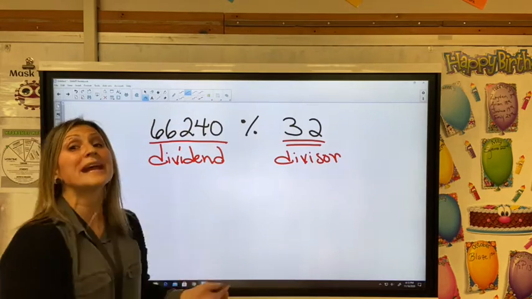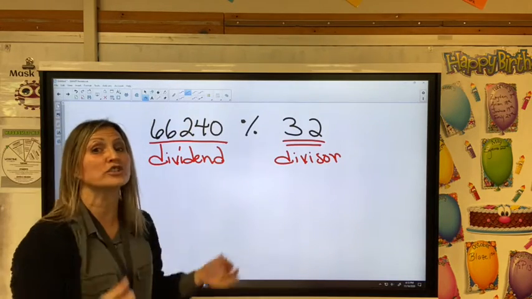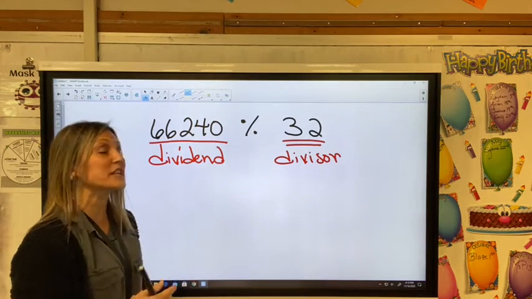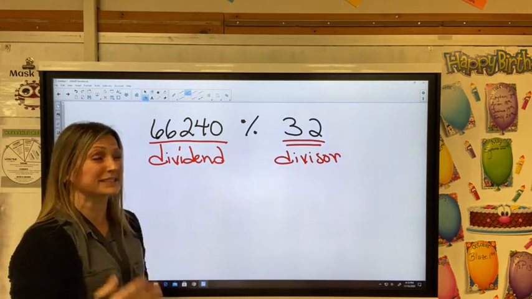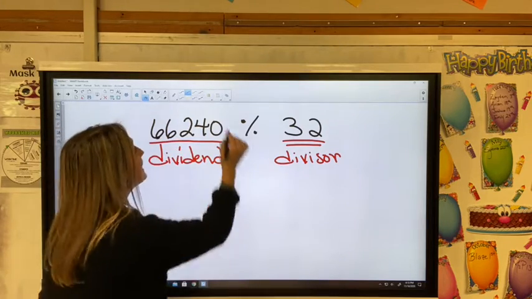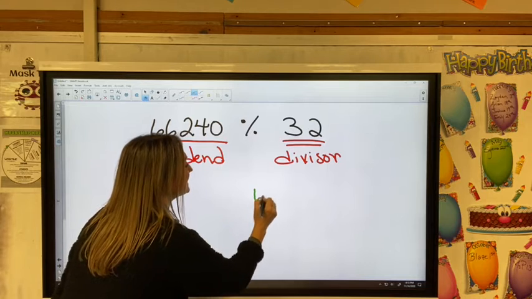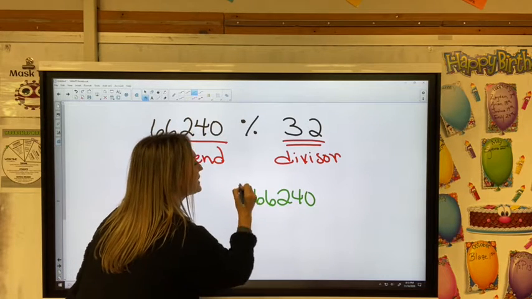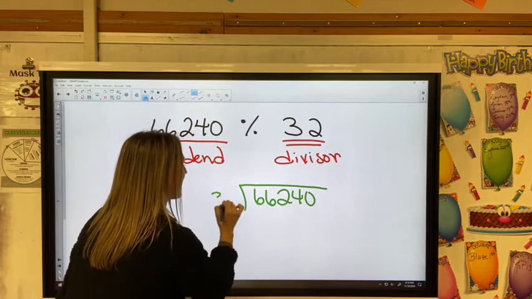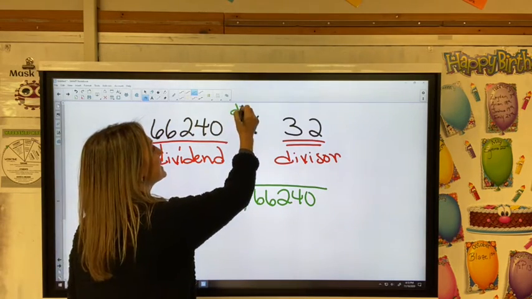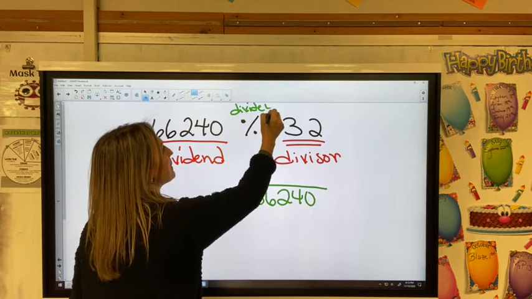So when you read this, sixth graders, and you start to do the division problem, you want to make sure you place the numbers in the correct spot or correct position in order to do the division. So this tells me that I'm going to take 66,240 and I want to divide it by 32, because that symbol right there says divide by.